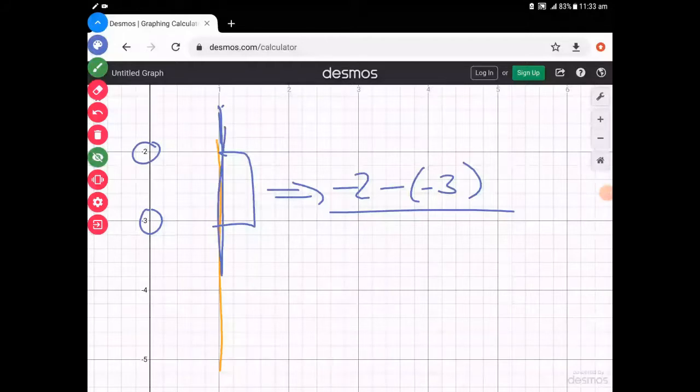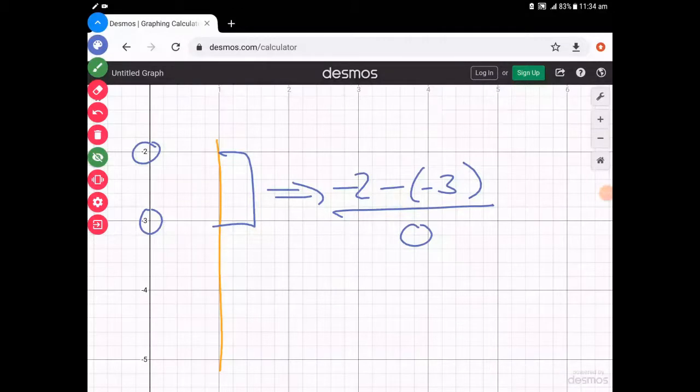There's no change in x, it's for the same x that you're getting all this. So the change is nothing, it is 0, because it's a vertical line. So what do you get as the slope? Whatever the numerator is, -2 plus 3, which is 1, divided by 0, and anything divided by 0 is infinity.